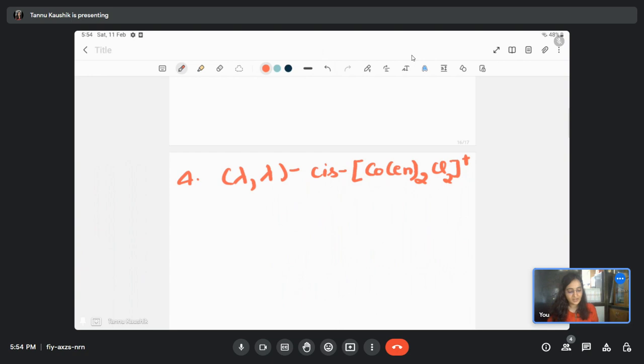This molecule is cis-dichlorobis(ethylenediamine)cobalt cation.